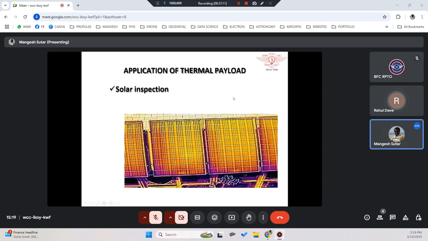So you can see how the solar panels are giving you optimal performance, and the report generated using thermal can show potential damages, non-working cells and all those things, and accordingly you can take corrective measures for your solar panels.